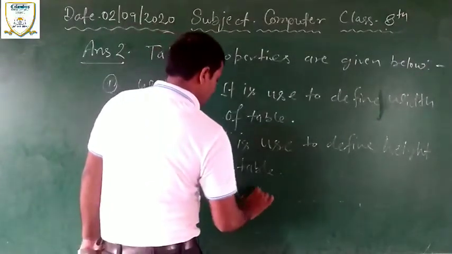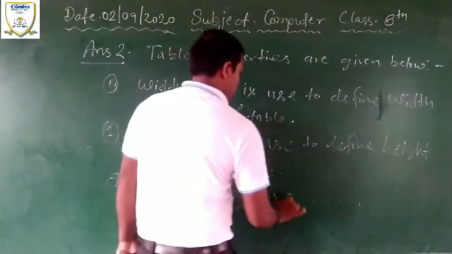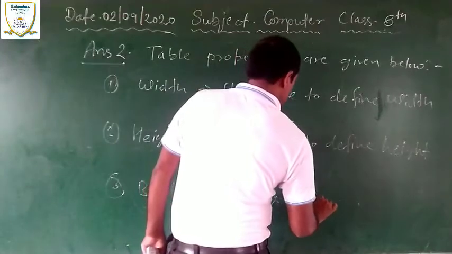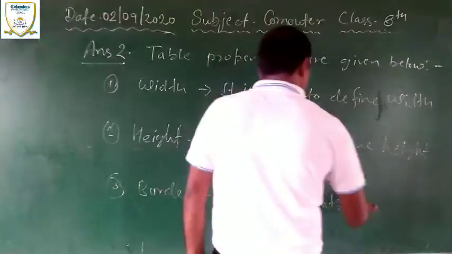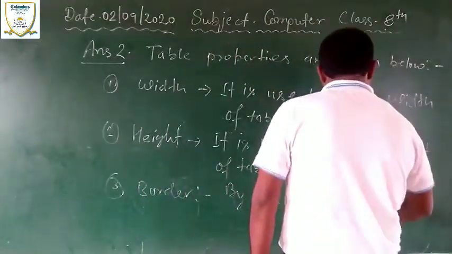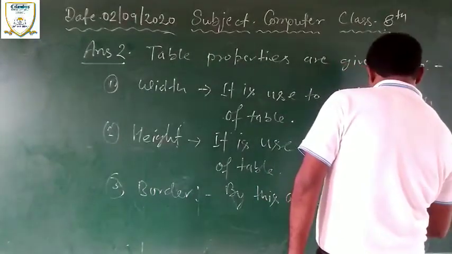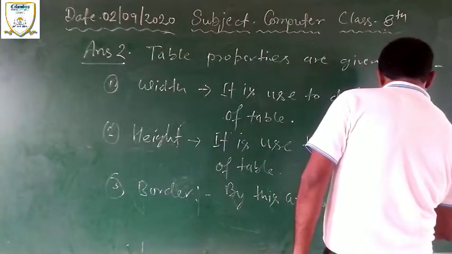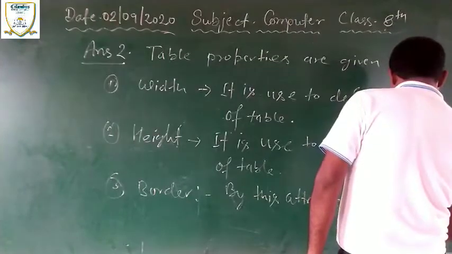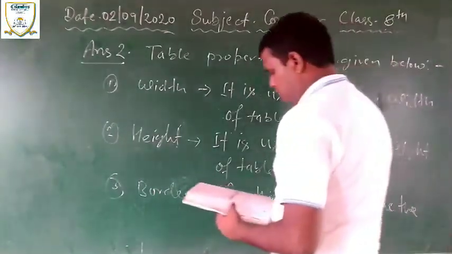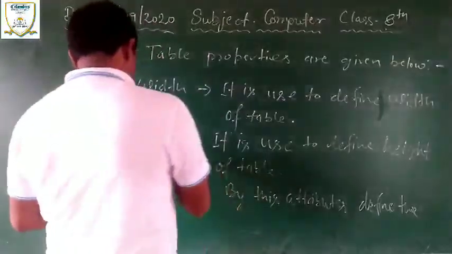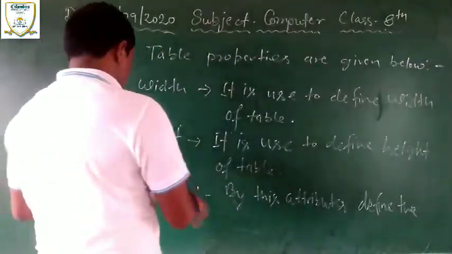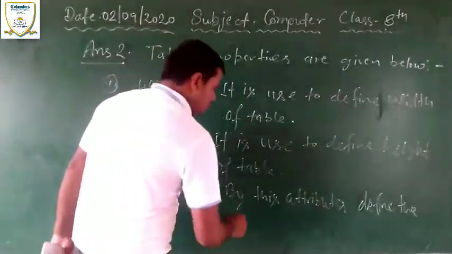By this attribute, we define the border size. It defines the border of a table.